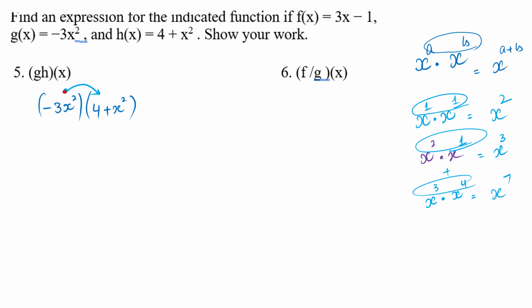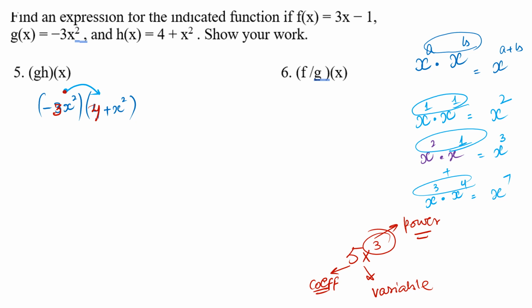Remember, a coefficient will be multiplied by a coefficient. So 5x cubed, remember, this is called the coefficient. x is the variable and this 3 is called the power or exponent. So the coefficient here is negative 3 and here 4.